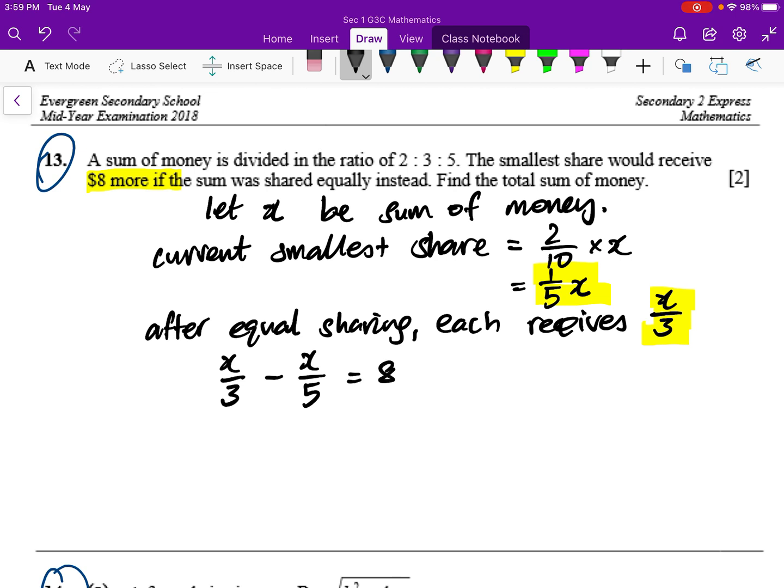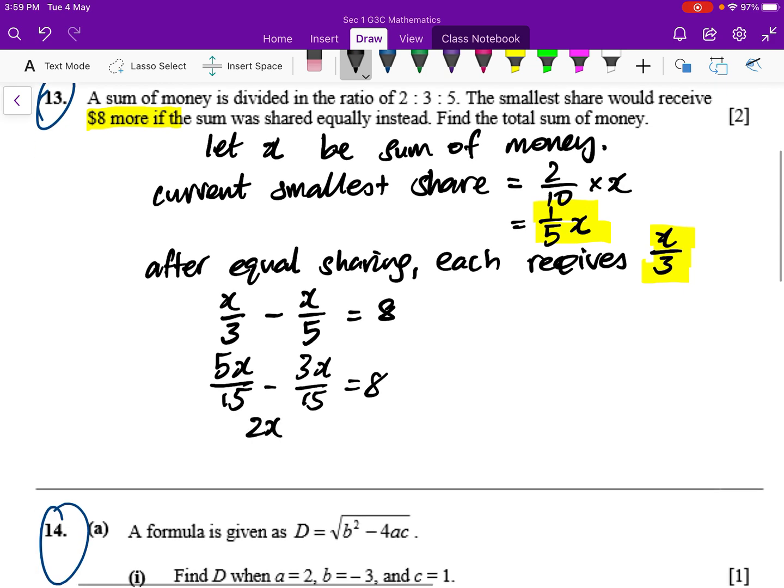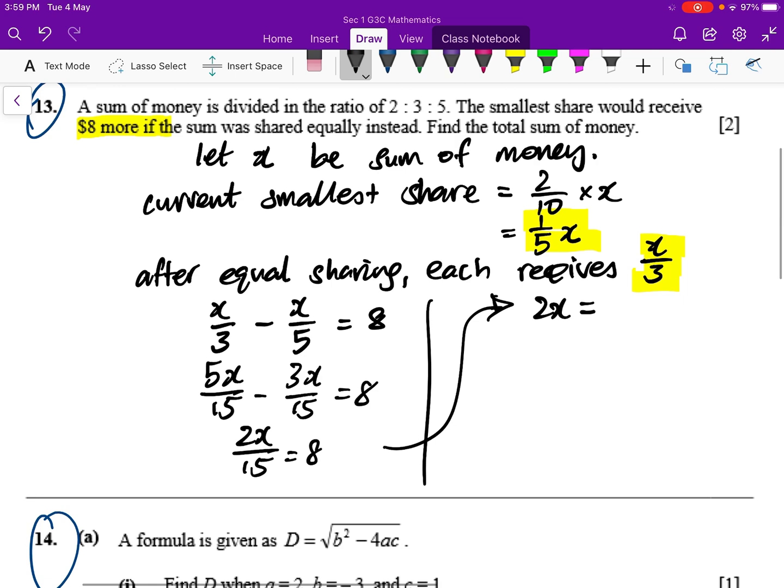This is the formation of the equation. So we've got 1/3 x minus 1/5 x, make sure the denominators are the same. So we get 5x over 15 minus 3x over 15. This gives us 8. So 2x over 15 equals 8. 2x is now equivalent to 120. So x is 60. So the total sum is $60.